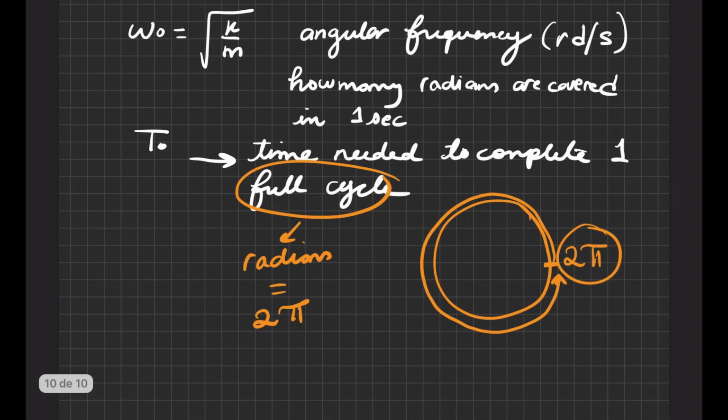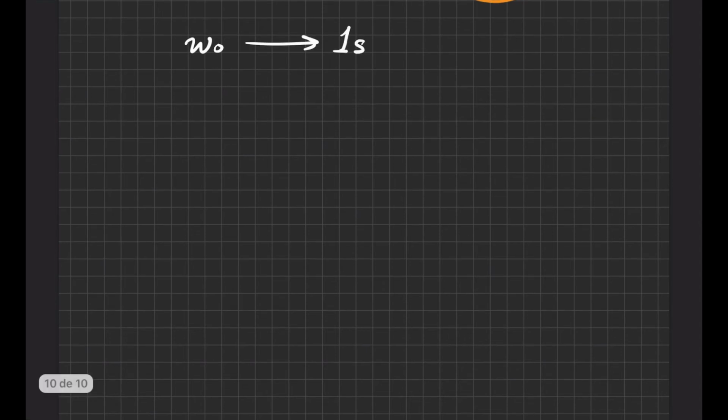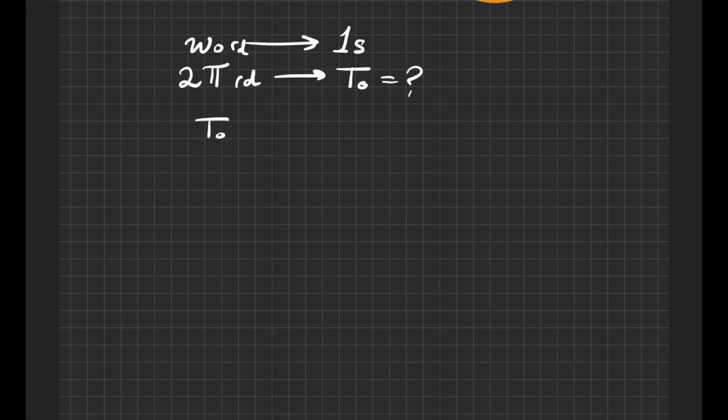So using this definition here and this definition here, we can say that this oscillatory motion moves omega 0 radians in 1 second, and it moves 2 pi radians as well in the proper period T0. So how can we find T0?